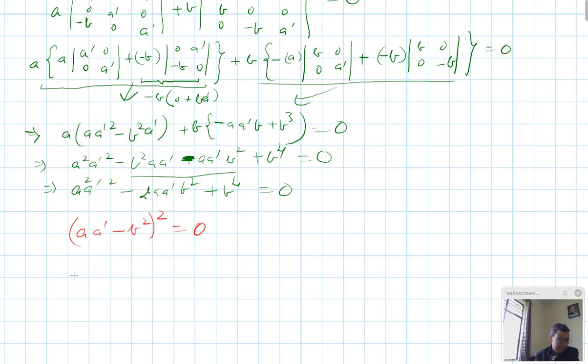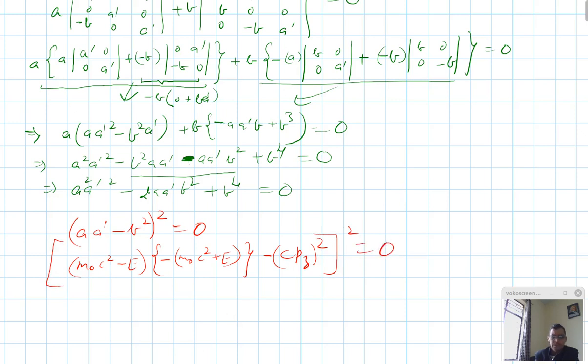Now let me put their values. So if I put their values, then I can say that m naught c square minus E, it is its value, and its value will be minus m naught c square plus E, right? But then minus B square minus c pz whole square is equal to 0.